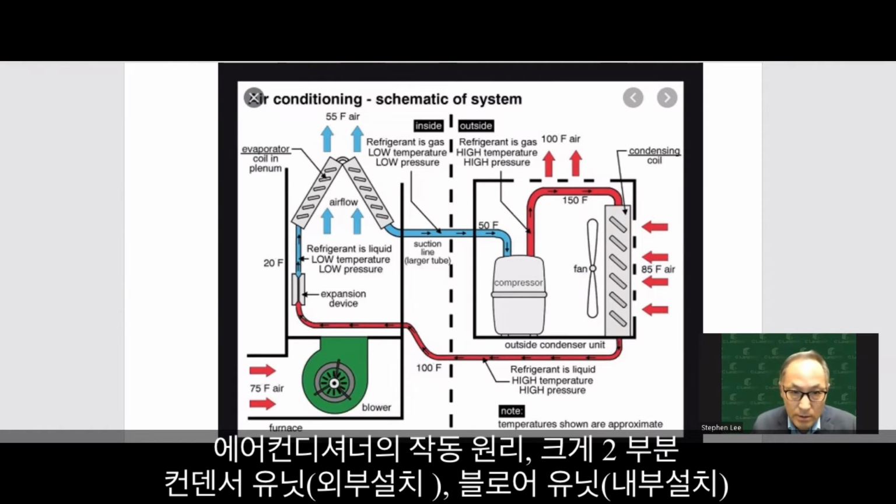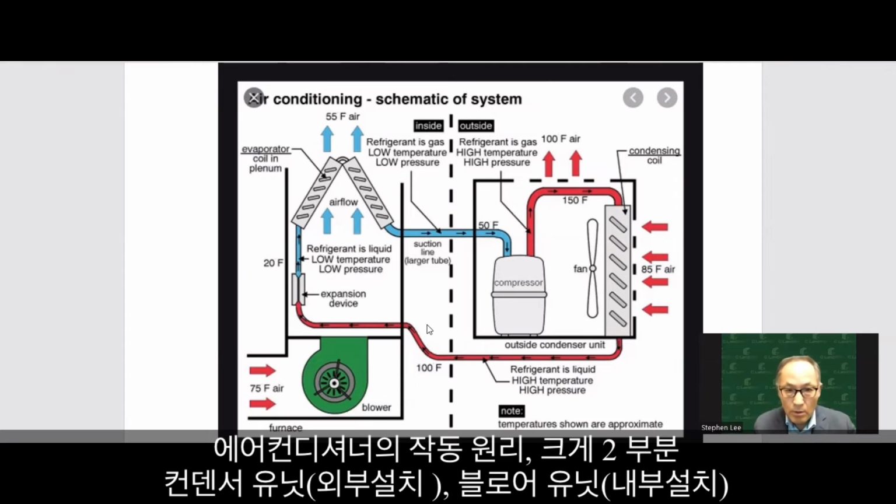Cool air goes out, and the entire house gets warmer again, then it comes back into here, and the air cools down and goes around. So inside, the unit is basically circulating this way. This is the system, how it works.